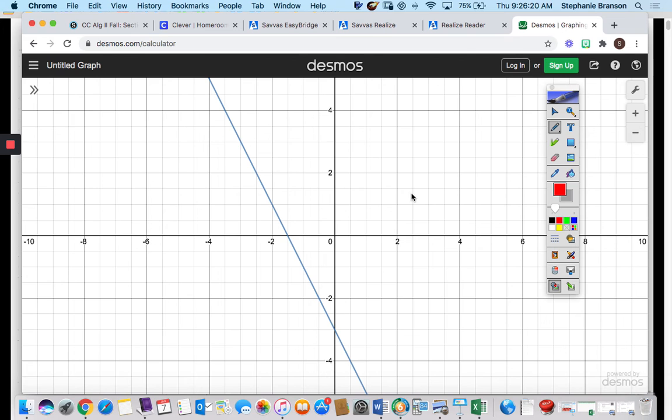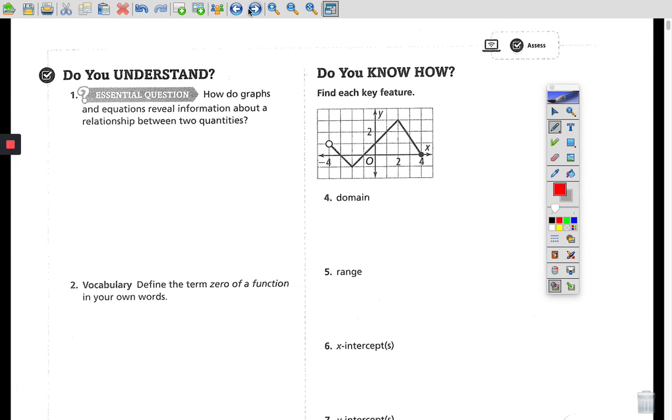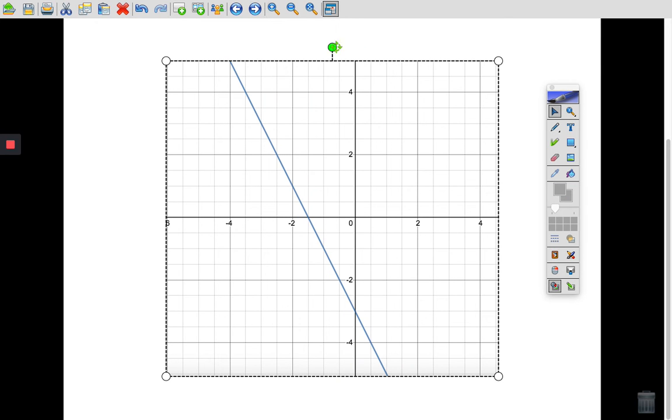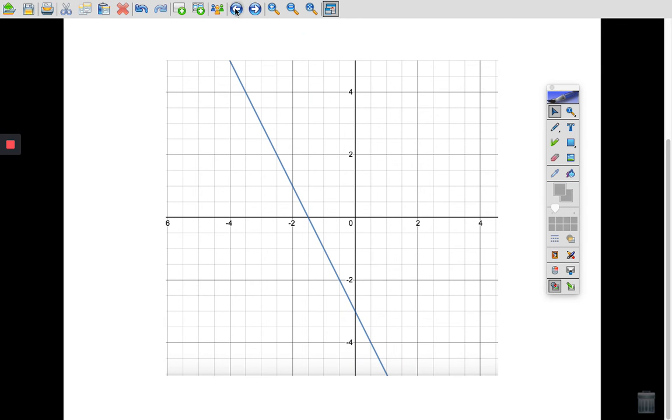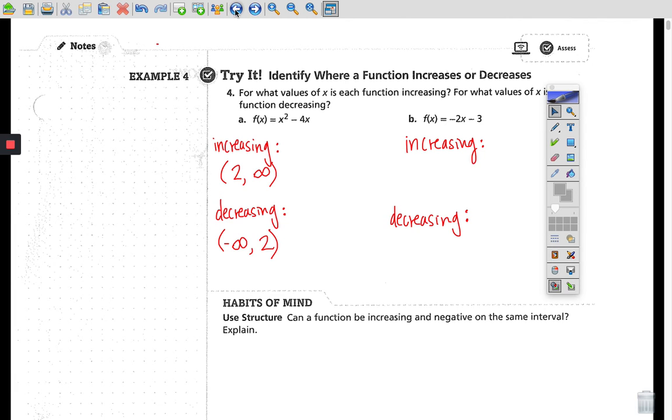Alright, here's my other graph. Increasing and decreasing.